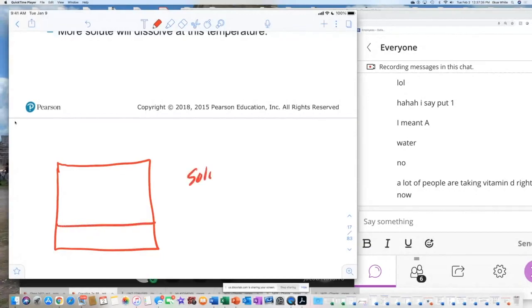A solution is made when you have a solute added to a solvent. So when the solute is added to a solvent, let me say we have a lot of solution here.